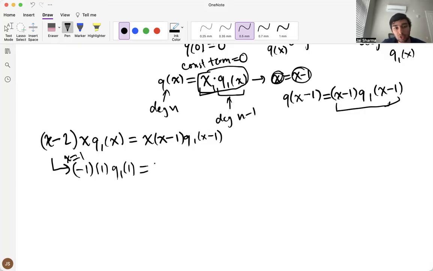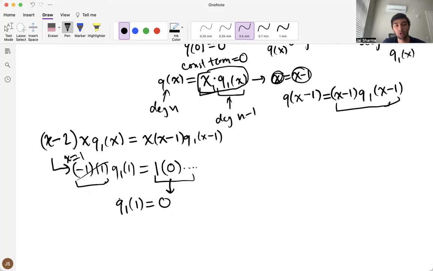And the other side is just 1 times 0, and we don't care about anything else. Now this thing is just 0, which means that q1 of 1 is equal to 0.